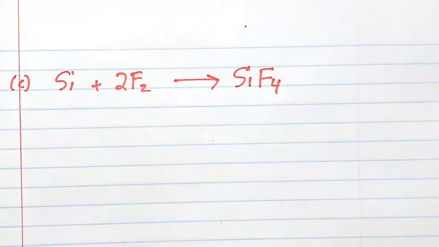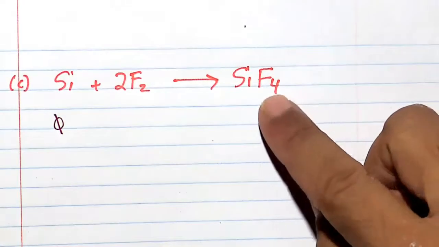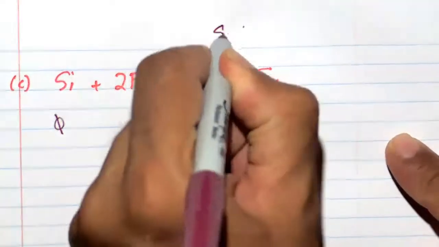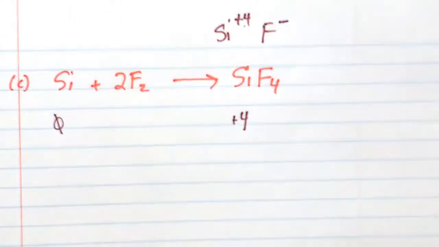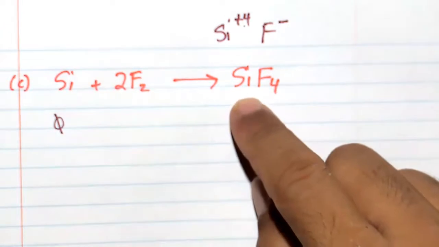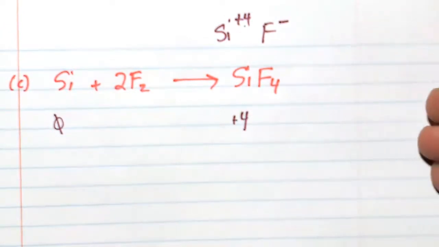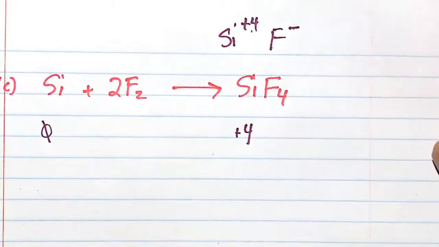Alright, as we stated before, silicon has an oxidation number of 0, and Si will have an oxidation number of +4. Okay, this is a little bit tricky from what we've been teaching you before. Even though this is, for practical purposes, covalent, in a redox reaction we're going to have to assume this has a charge. And fluorine in a compound will always have a -1 oxidation state.